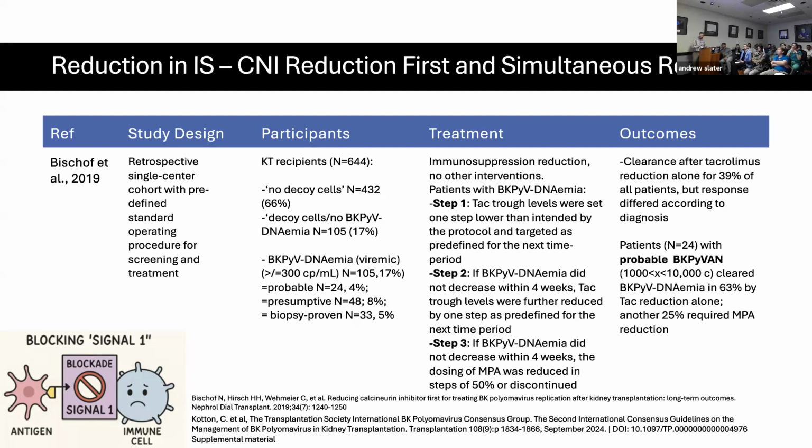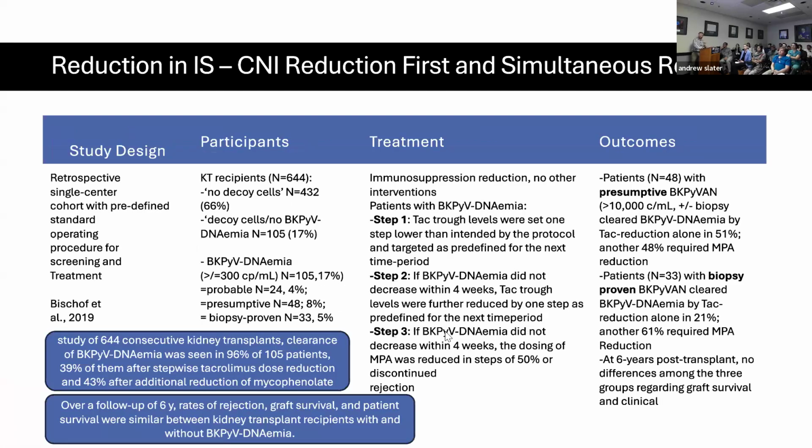So outcomes: clearance after tacrolimus reduction alone for 39% of all patients, but response differed according to the diagnosis. Okay, patients with probable BK virus nephropathy cleared the disease in 63% by TAC reduction alone, and then another 25% required anti-metabolite reduction. So they went into that third step.